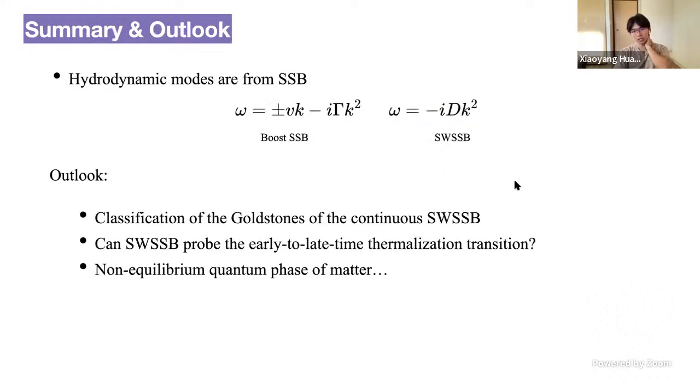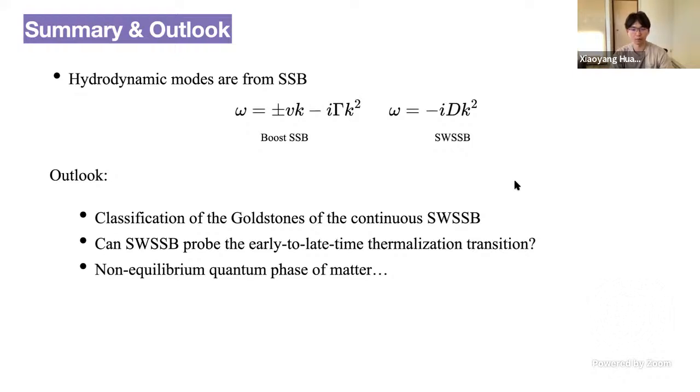Okay, so I guess I will just end here, and to quickly summarize, the main result is that I hope to provide a perspective on gapless modes in the hydrodynamic regime, beyond the conventional Landau way, as coming from the strong-to-weak spontaneous symmetry breaking mechanism. And there are a lot of interesting potential questions that we can ask.